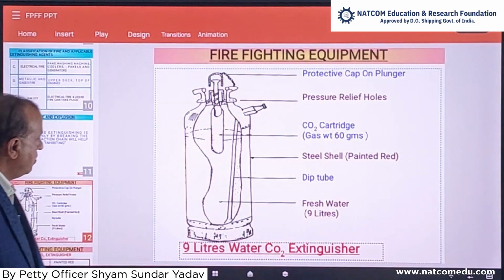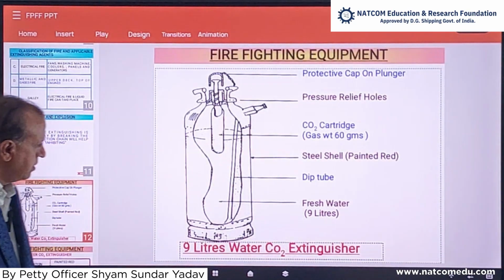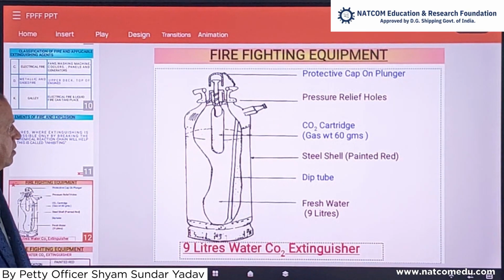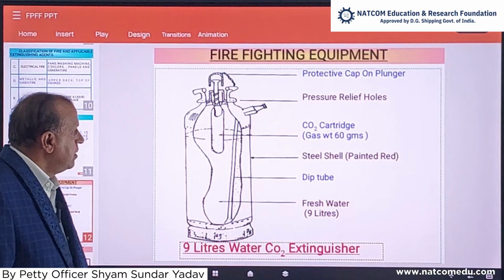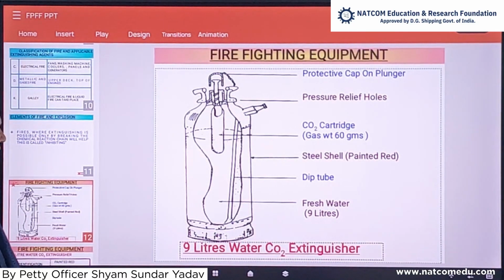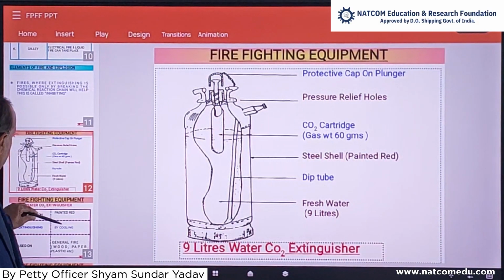Now I am talking about fire extinguishers. This is known as the 9-liter water type fire extinguisher. What will be in it? Only simple domestic fresh water.